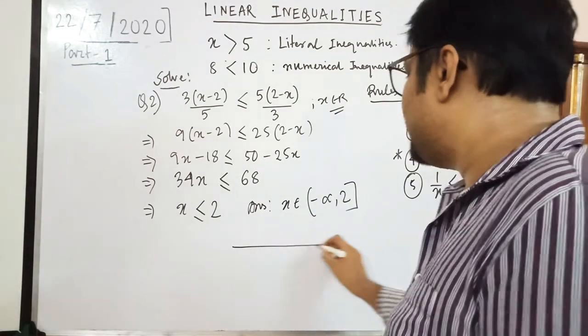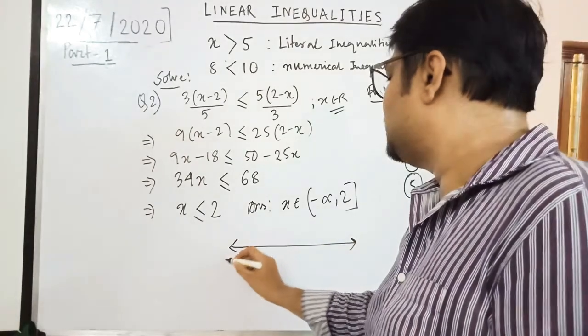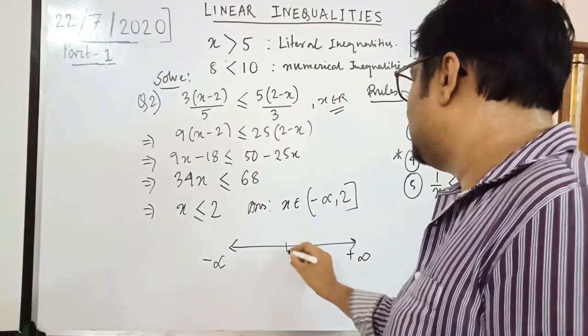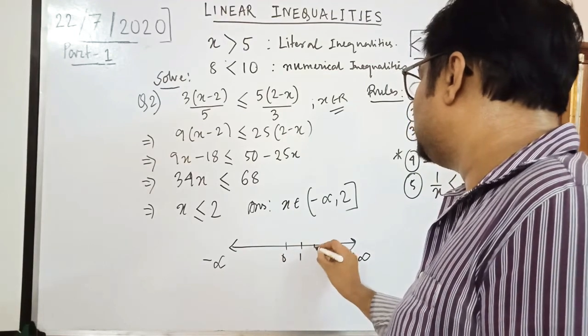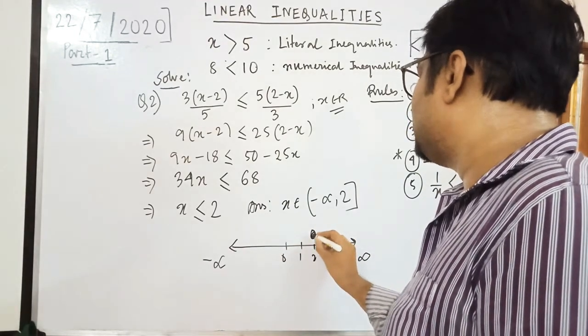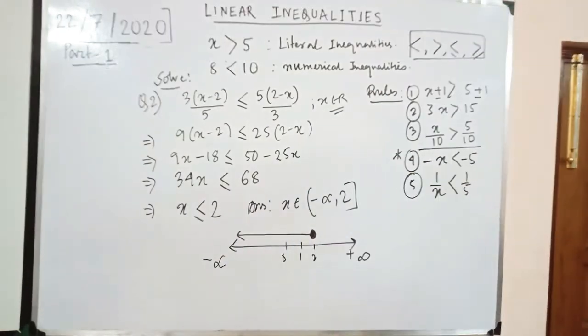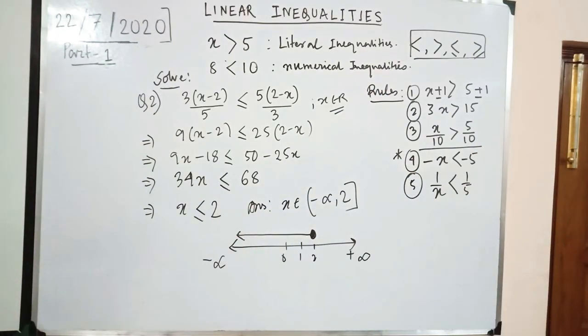Or if you try to draw the number line, so minus infinity and plus infinity. So 0, this is 1, this is 2. So it will be a dark bubble this time because it includes this thing. Okay, so these are the types of answers you can represent the solution with. So let us see the next one.